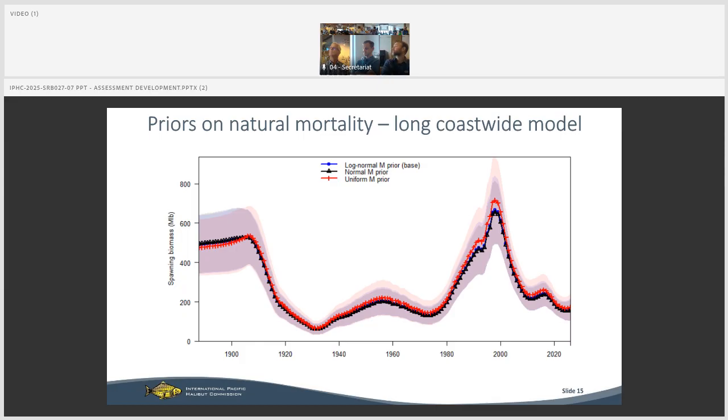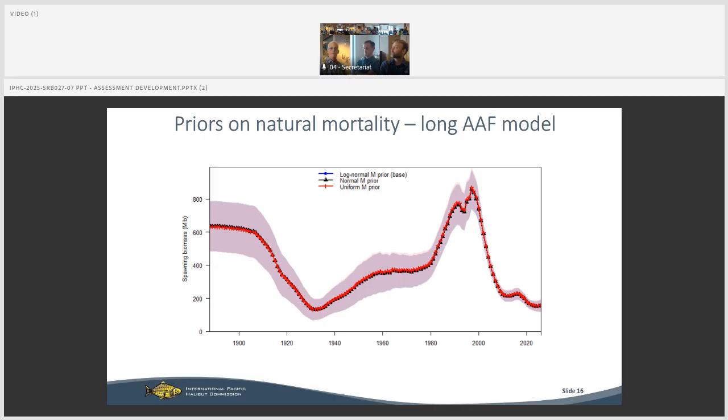Similarly, for the long coastwide model, at the peak biomass in the late 1990s the uniform prior creates a slightly higher natural mortality. So there is definitely some constraint being provided by either the log normal or the normal that is not there with the uniform. But generally, for the other 3 models, the data are what largely drive our estimates of natural mortality.